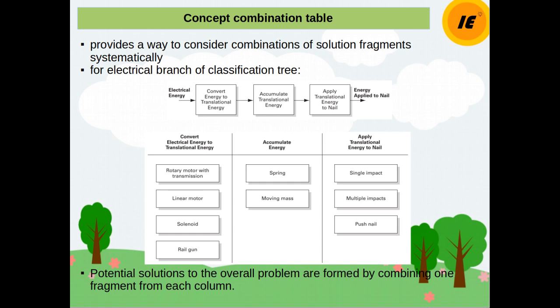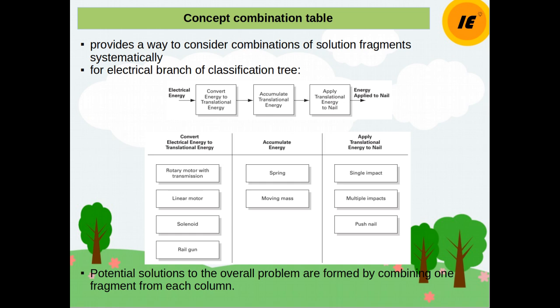This quick analysis led the team to add a subfunction, accumulate translational energy, to their function diagram. That is what you are seeing in the first figure here. They chose to add the subfunction after the conversion of electrical energy to mechanical energy, but briefly considered the possibility of accumulating the energy in the electrical domain with a capacitor.